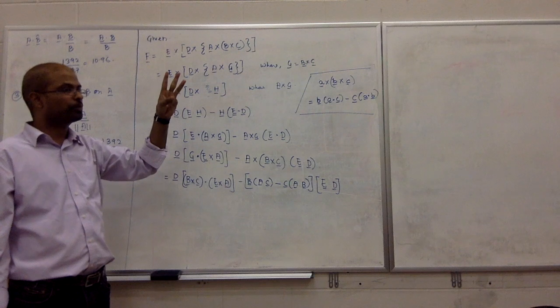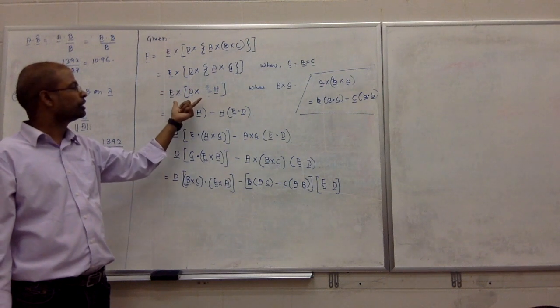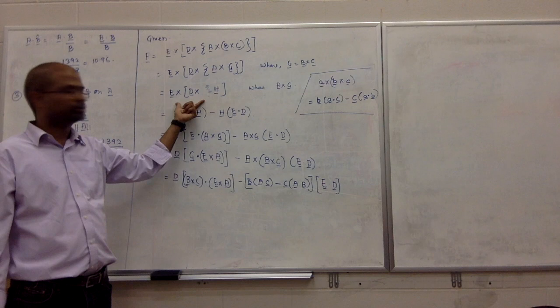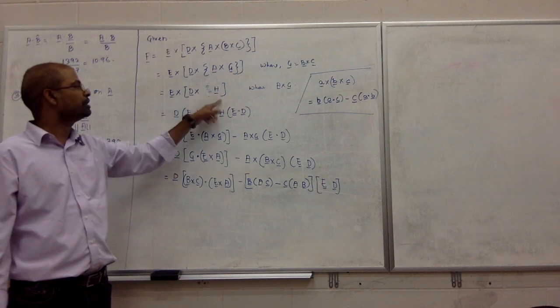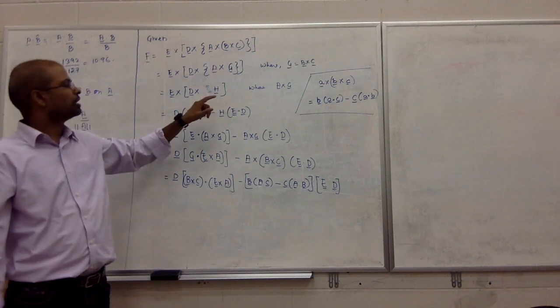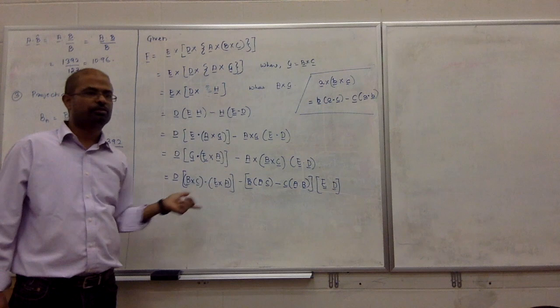You apply it to a scalar vector triple product. I wanted to get it into a vector triple product form. It is in a vector triple product form. So this is B, A, B, C. I applied it and split it because ultimately I want the original vectors in the expression.